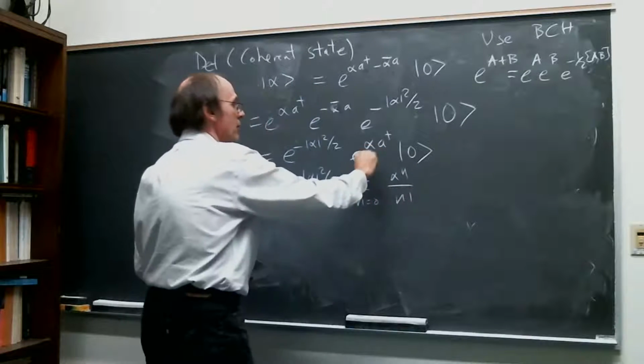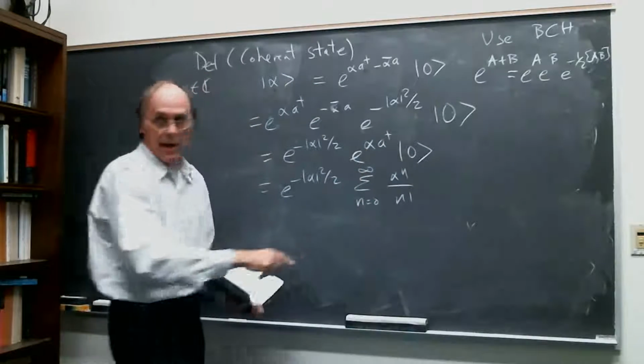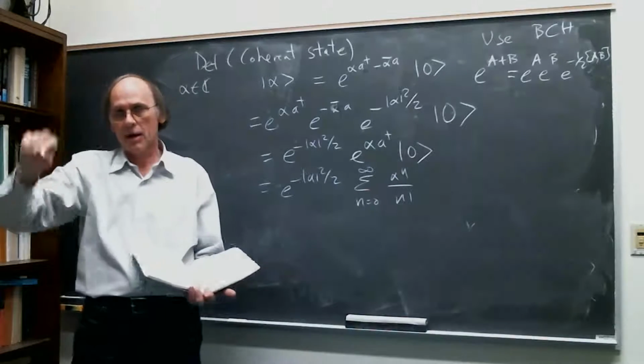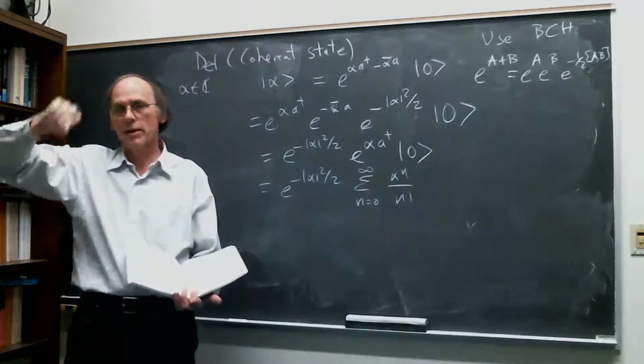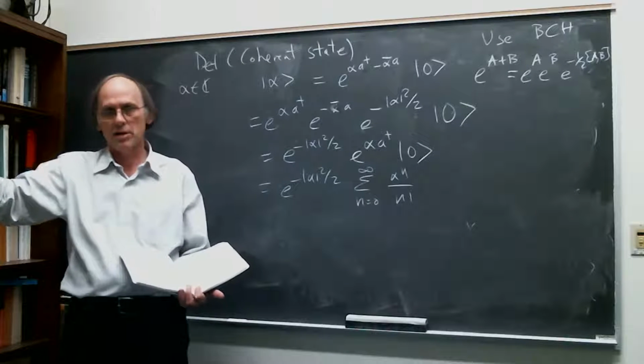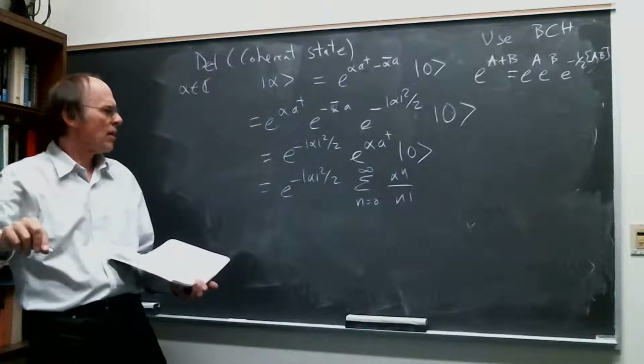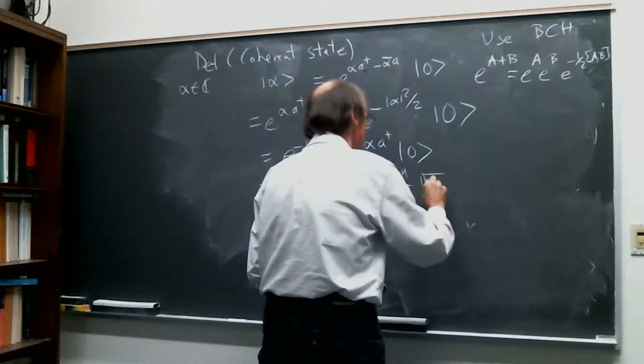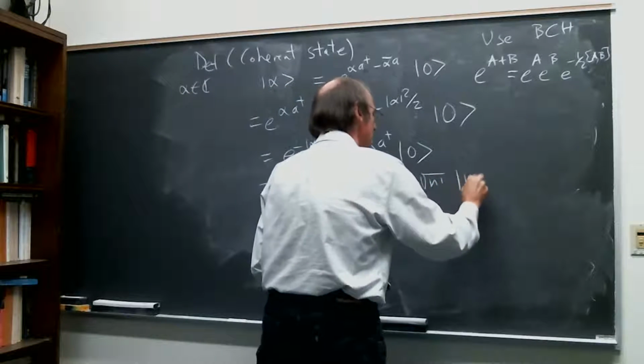Here you've got a dagger to the n, and you use the fact that a dagger acting on n gives you the square root of n plus 1 times n plus 1. So you get this state n.